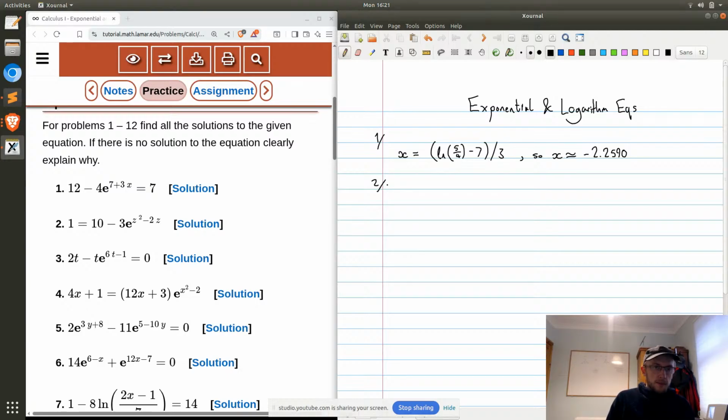And the next one, we take 10 from both sides, divide both sides by -3. So we have -9 over -3, which is 3. So what appears to be e to the z squared, take 2z equals 3.